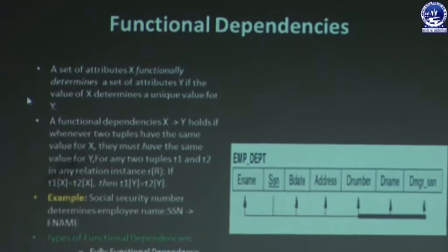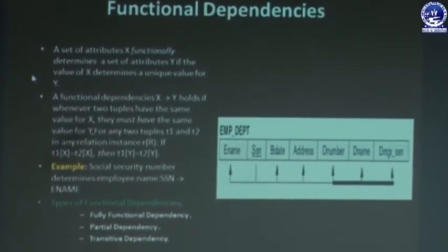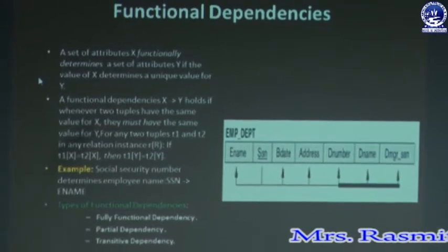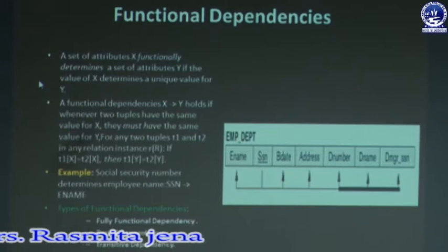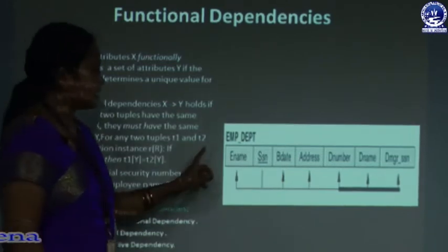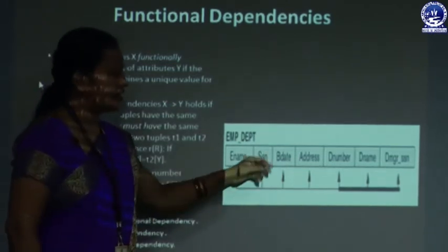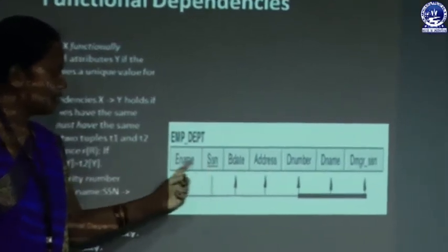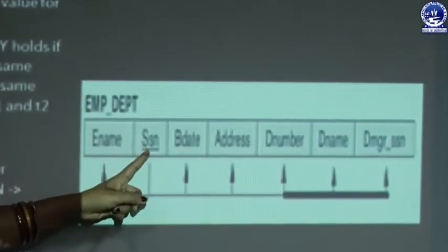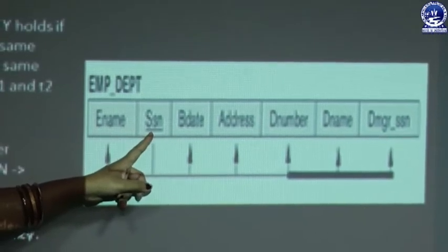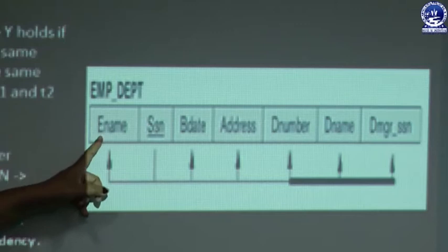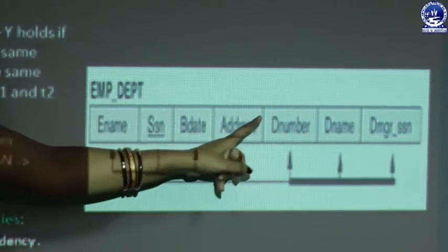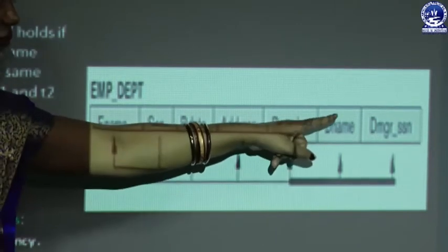Functional dependency is what? A set of attributes X functionally determines a set of attributes Y if the value of X determines a unique value for Y. In this example, suppose SSN is X, that is the key attribute, which determines the set of attributes Y, that means ename, birth date, address, d number, d name, d manager SSN.